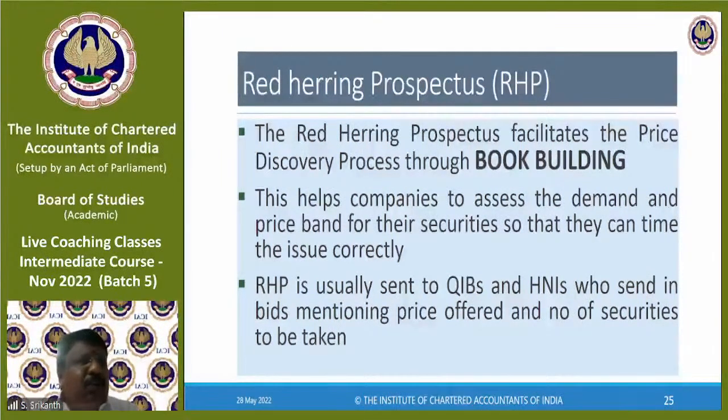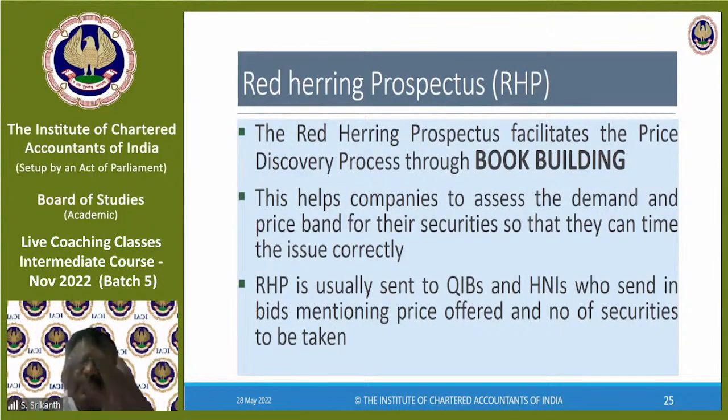So if most bids are hanging around 650, 700, then they know, okay, the merchant banker wanted 600, the company wanted 800, but when you put statistics there, the mean is clustering around 650 to 700.